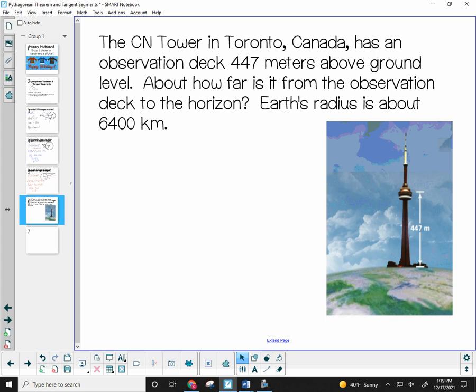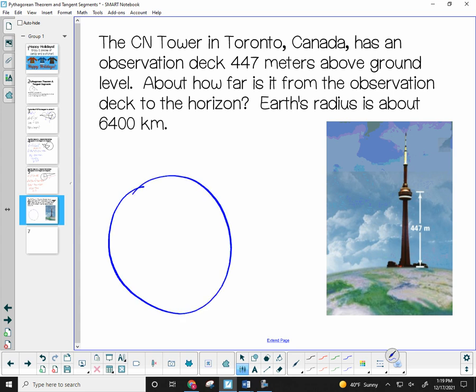Okay, so let's figure out what they're even talking about here. Keep in mind, this is Earth, right? And there is this observation deck in Canada. You're standing at the very top, looking over at the horizon. Now, the horizon looks like it stops, right?